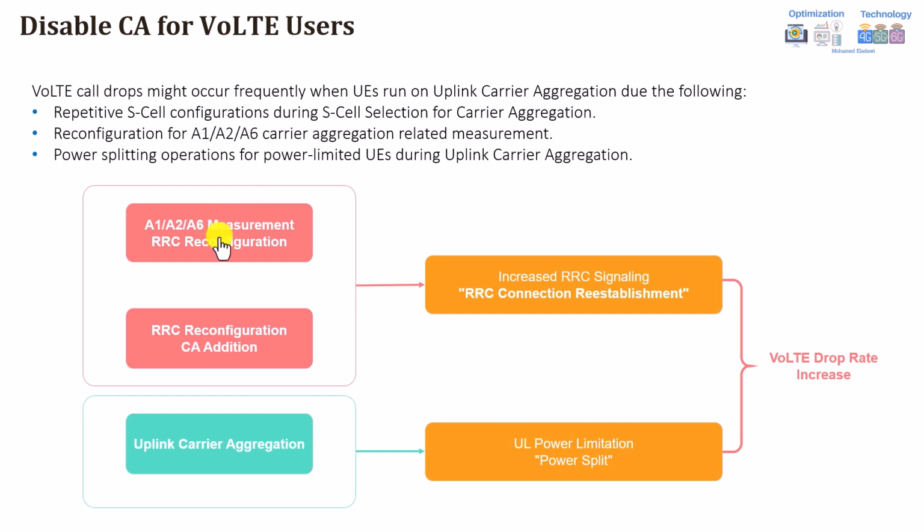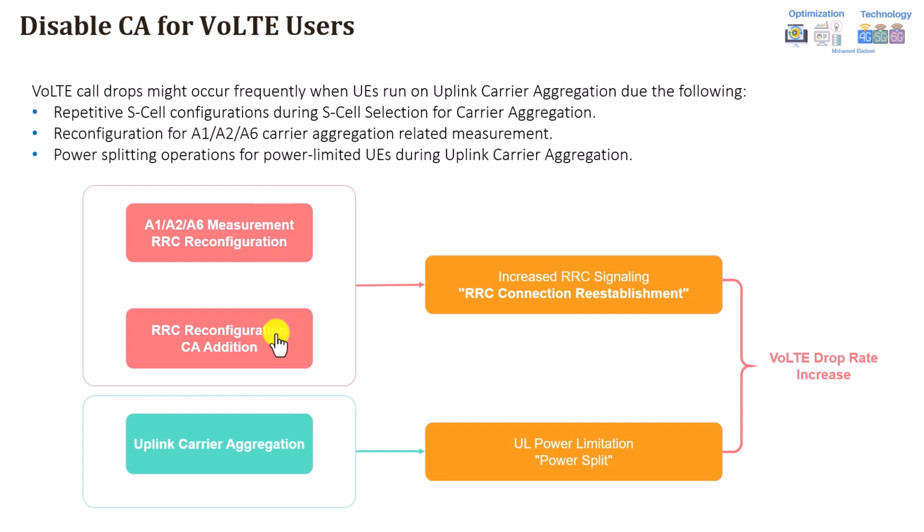So those are required to be delivered by the eNodeB. If you have more carriers, you require more RRC reconfiguration. This kind of repetitive RRC reconfiguration might sometimes lead to RRC reestablishment if the user is in poor radio condition and didn't receive the RRC configuration message. Also, if you have multiple carrier aggregation, let's assume 2 or 3 or 4, you require repetitive SCell configuration, right?